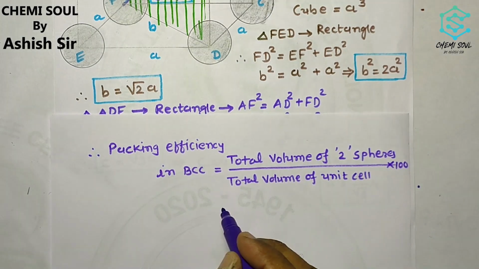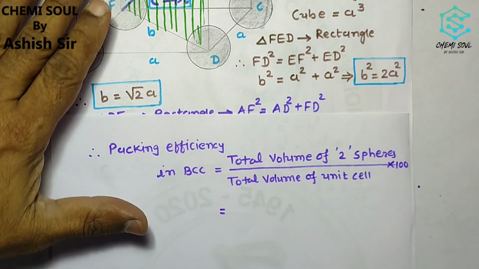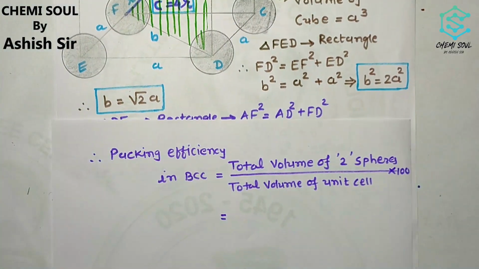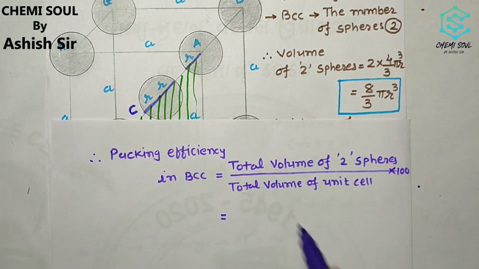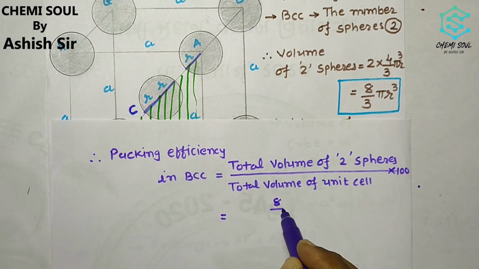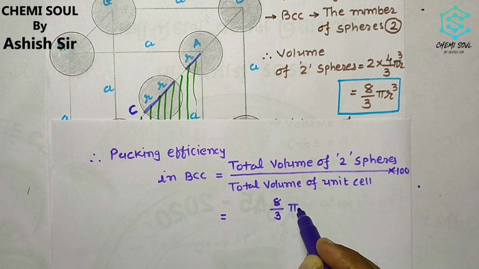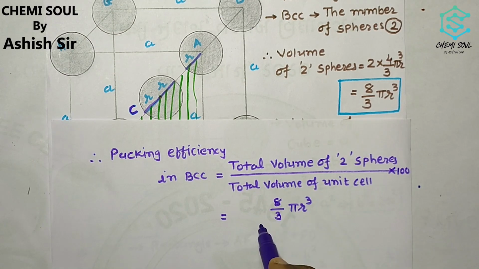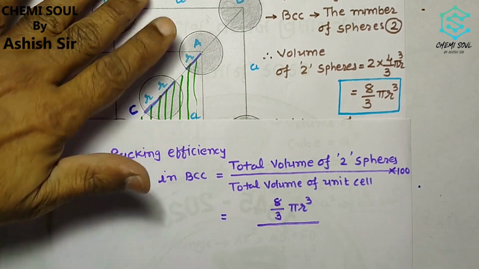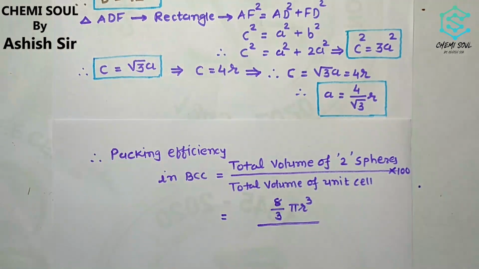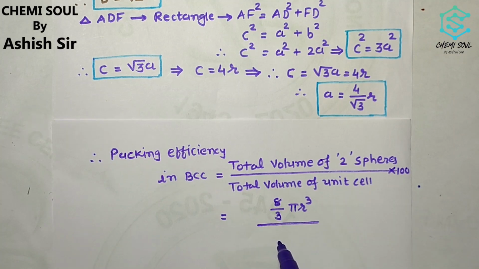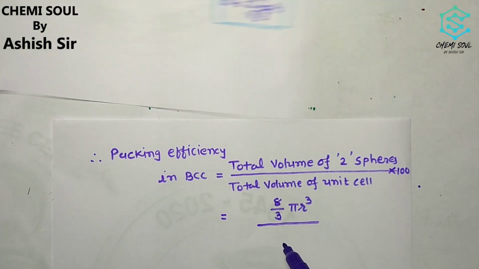So friends, put the values in this formula. As per our previous calculation, the volume of two spheres is 8 by 3 pi r cube, divided by the volume of the cube.